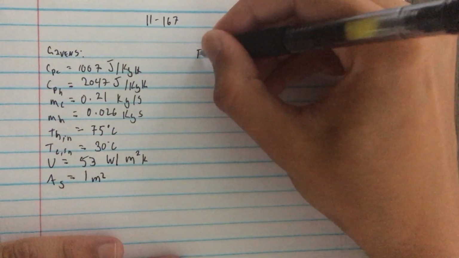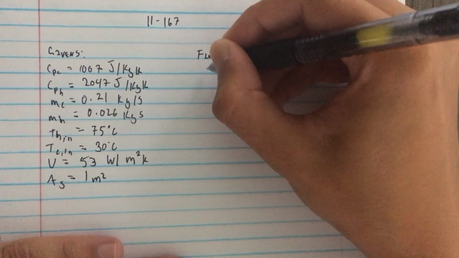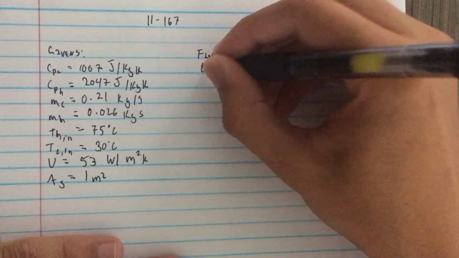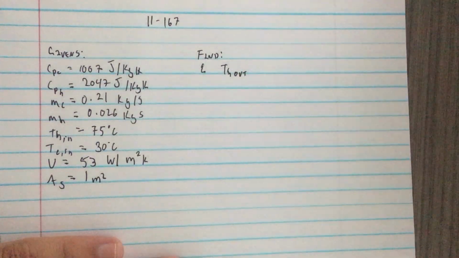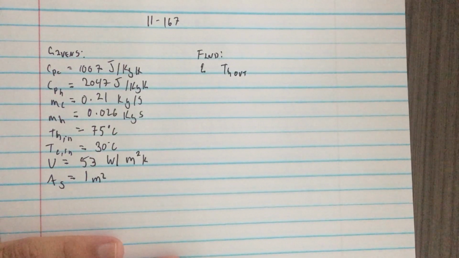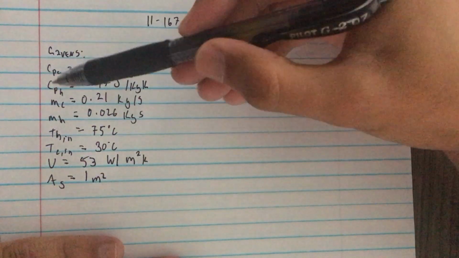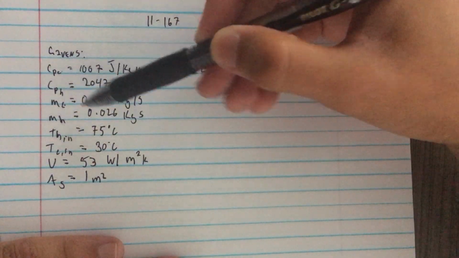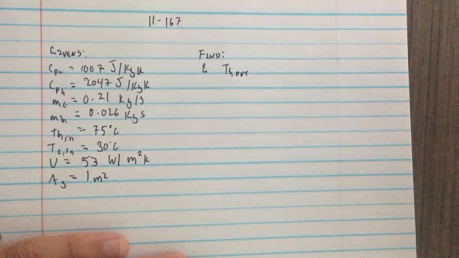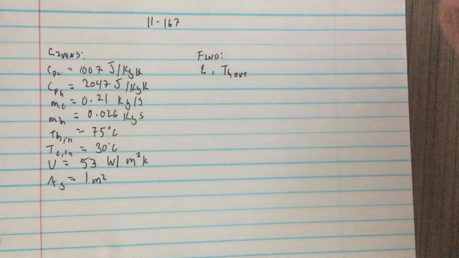So what we need to find is the effectiveness and TH out. Now for reference, the C is for air and the H is for oil. So we've got to find those two things.